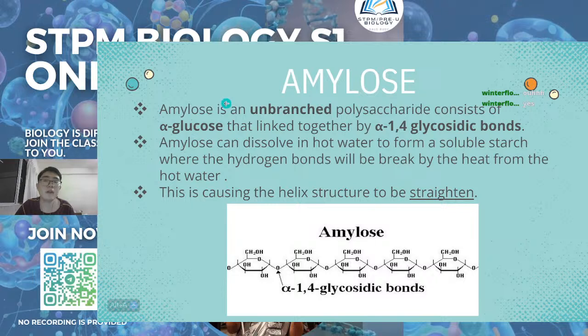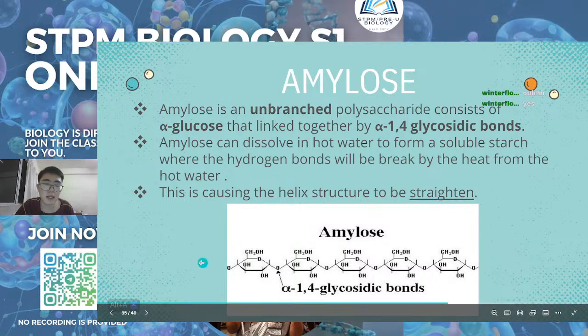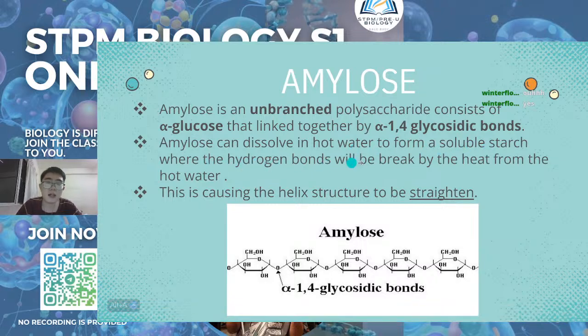Very long, but unbranched. It means it is only one line. Amylose can dissolve in hot water to form a soluble starch, where the hydrogen bonds are broken by the heat from the hot water. So this is amylose.